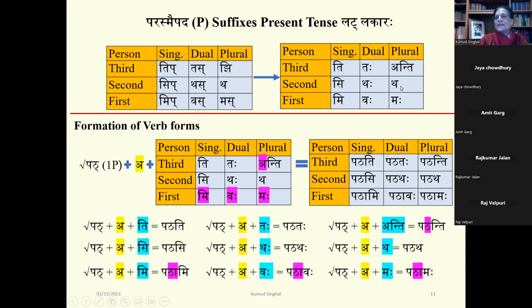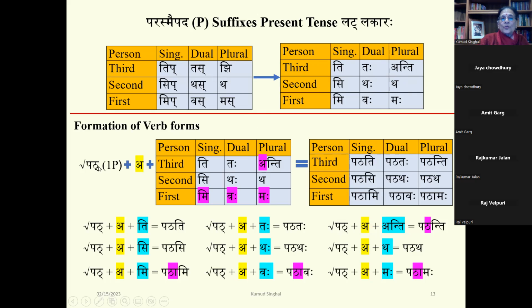We've been using these verbal forms, so nothing new here. These are the 3 persons, third, second, first, and the 3 numbers, singular, dual, and plural.